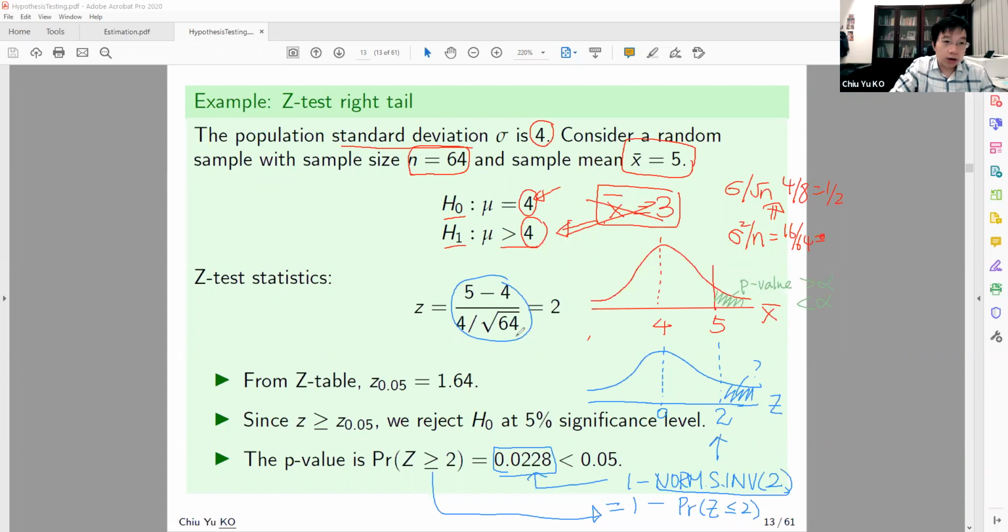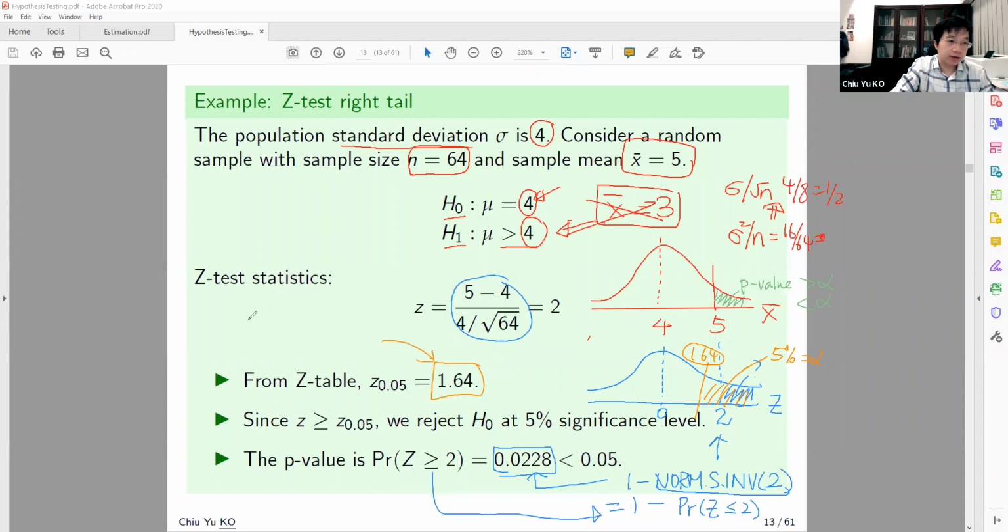Or in the old days, you didn't have Excel. So that's why the classical textbook would tell you not to use this method. Instead, the standard method is asking, let's calculate the 5% here. What is 5%, or what's alpha here? The 5% is 1.64. Where does it come from?